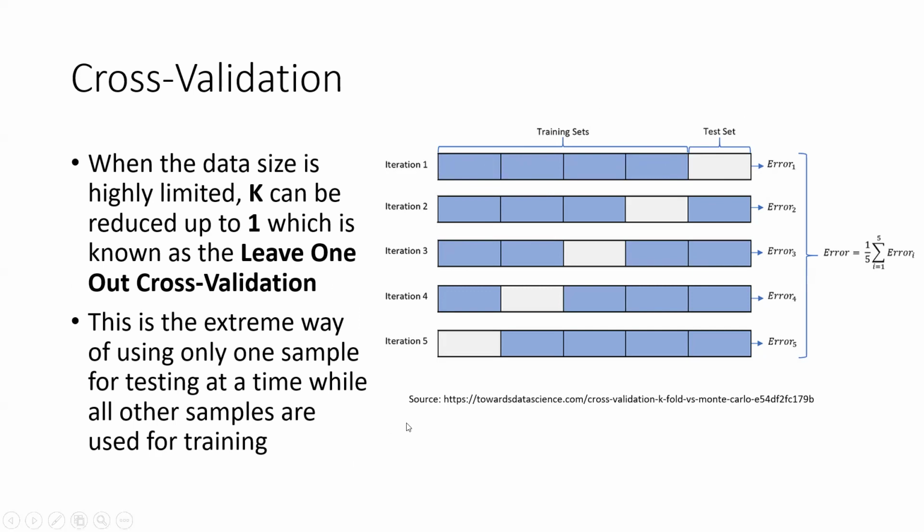Right? This is the most extreme type of cross validation, where you have to train the machine learning model for all the data points, using them as test values. This can be used when the given data set is very small, right?